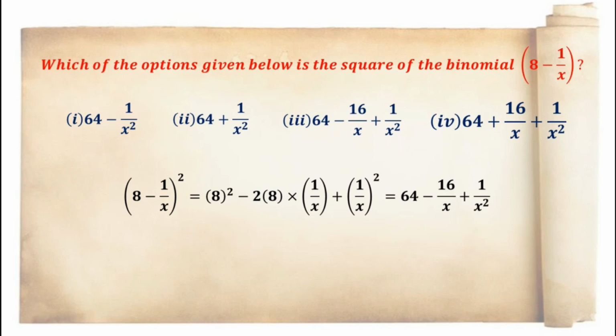Now you can see here the answer. (8 minus 1 upon x) raised to 2 is equal to 8 square minus 2 into bracket 8 into 1 upon x plus (1 upon x) raised to 2, and here you will see that will be 64 minus 16 upon x plus 1 upon x raised to 2.